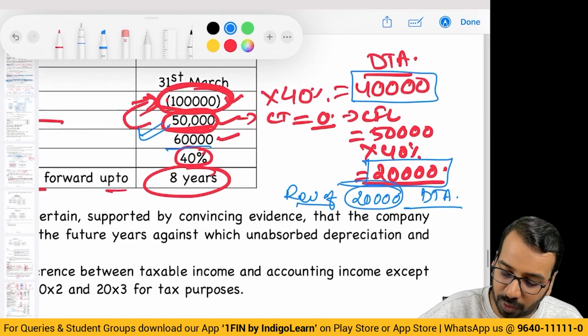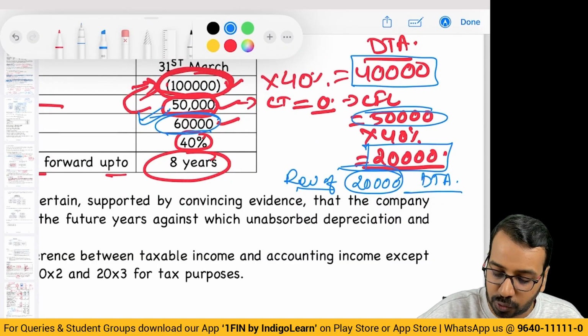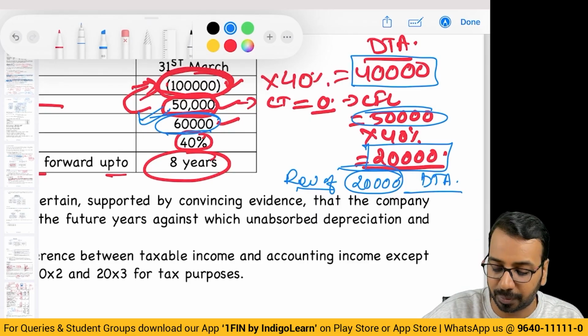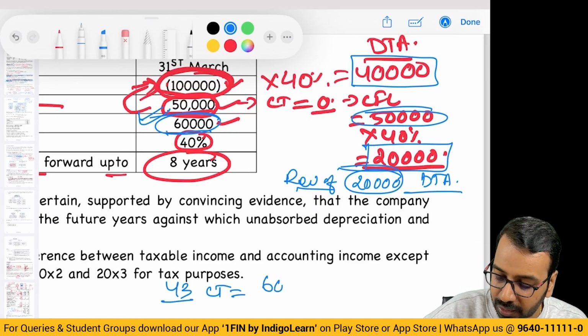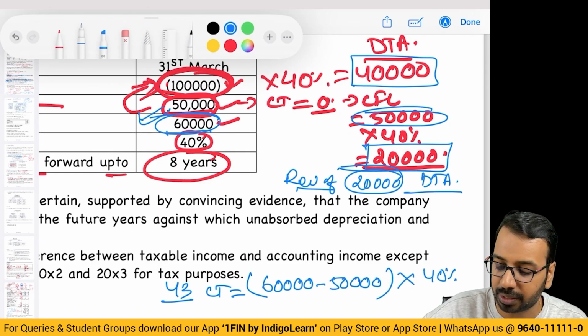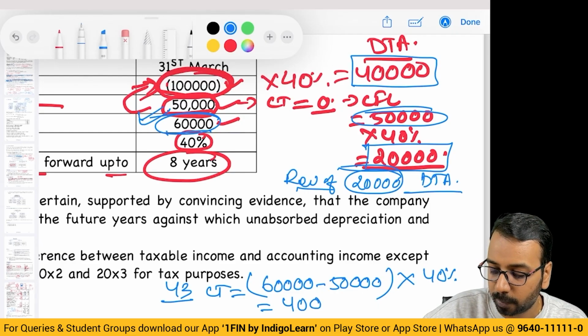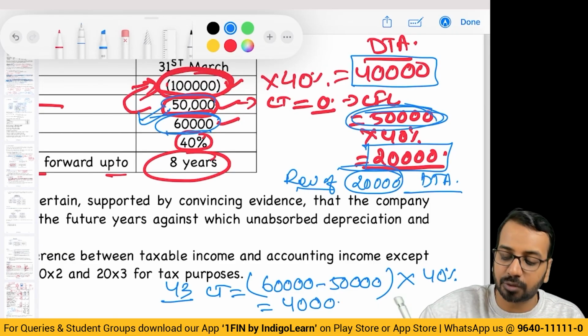Then in the third year, what will happen? Another 50,000. See, balance is 50,000. Here profit is 60,000. So in the third year also, reversal will happen. In the third year, current tax equals 60,000 minus 50,000 multiplied by 40%, so this is 4,000, and the balance of 50,000 gets reversed.